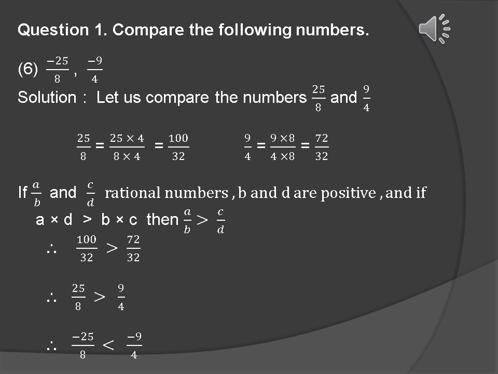Now denominators are same. Therefore 100 by 32 is greater than 72 by 32. Therefore 25 by 8 is greater than 9 by 4. Therefore, we can conclude that minus 25 by 8 is less than minus 9 by 4.